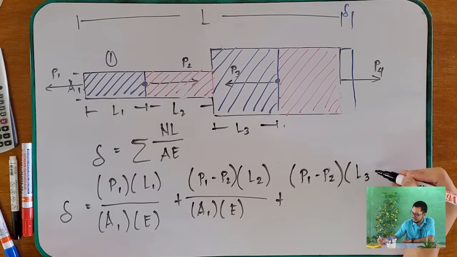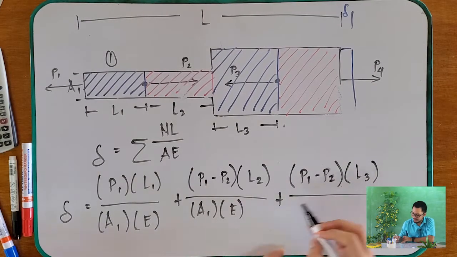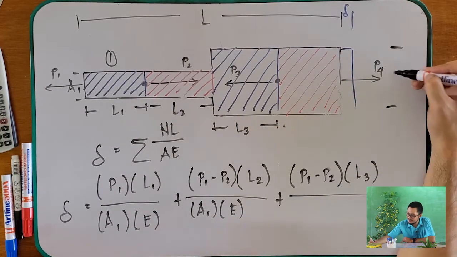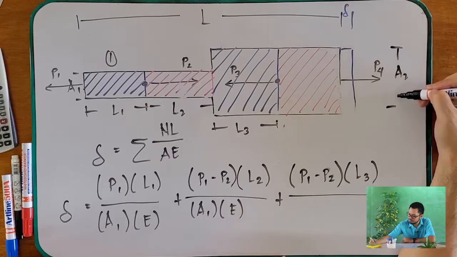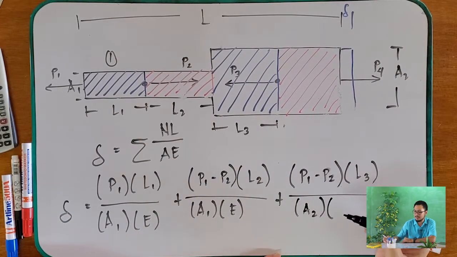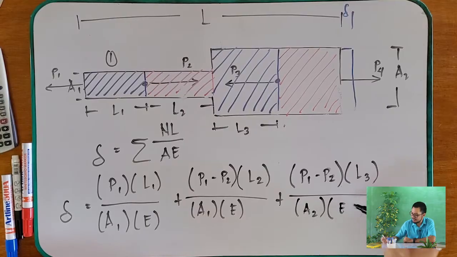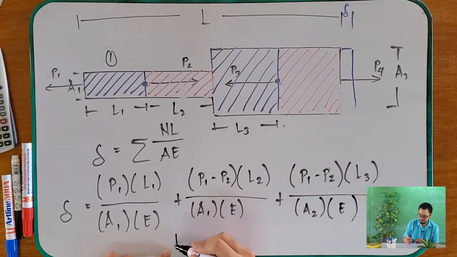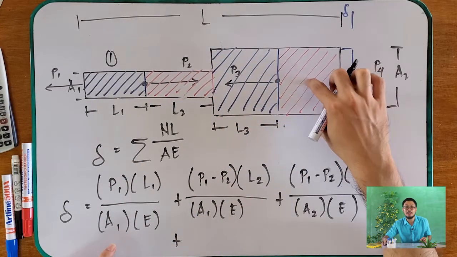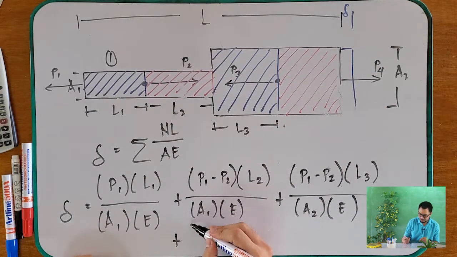over your area, the area changed, so we say this is your A2 now. Okay? So your area, times the same modulus of elasticity. And then lastly, in the last region, the area did not change, but the internal load changed. So what will happen?